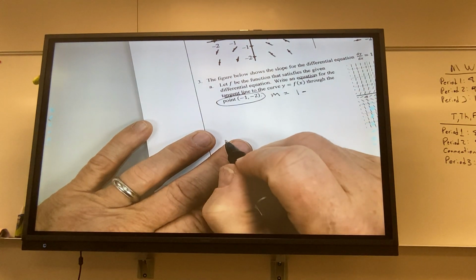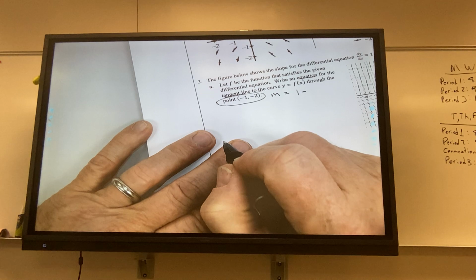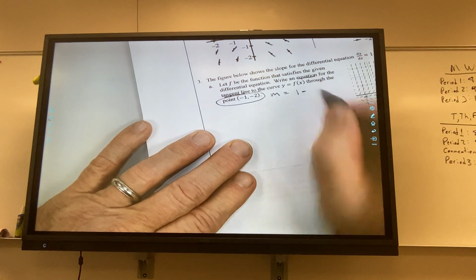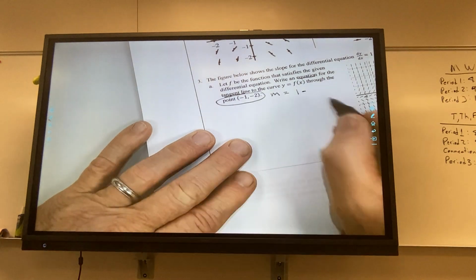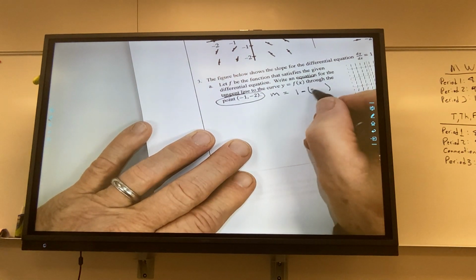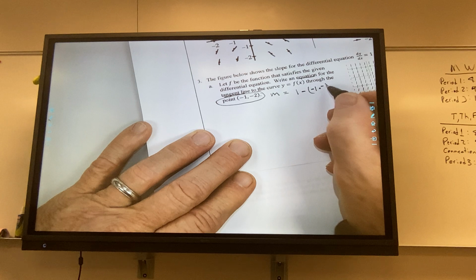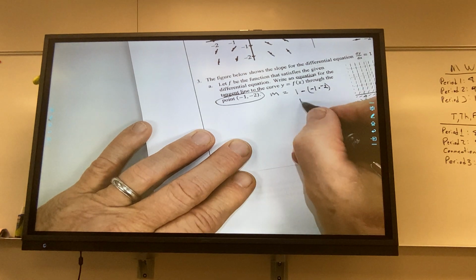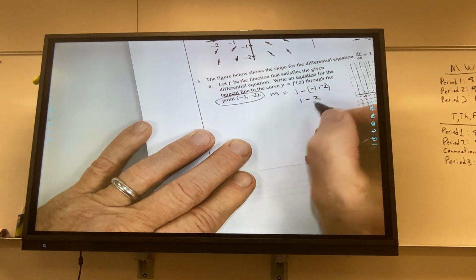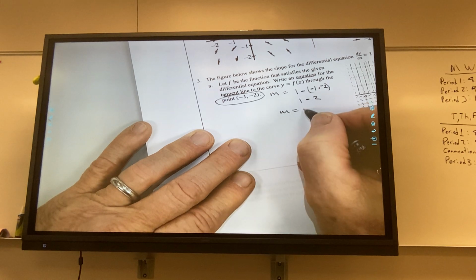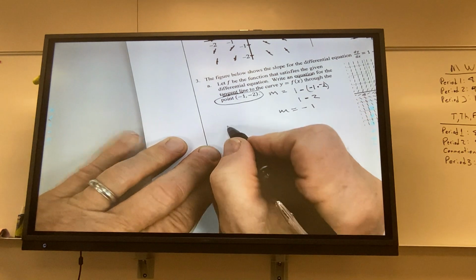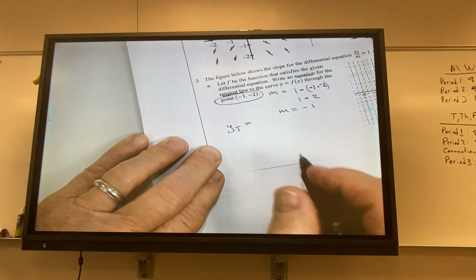X. Yeah, what is X? So -1 times -2. And what is negative 1 times negative 2? 2. And so what's my slope? -1.